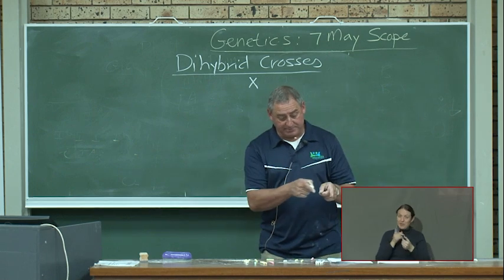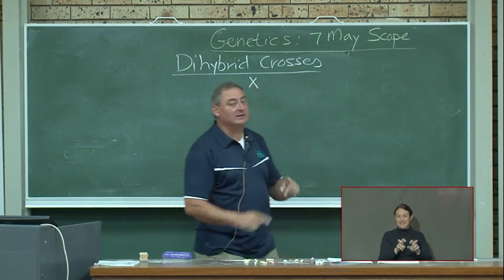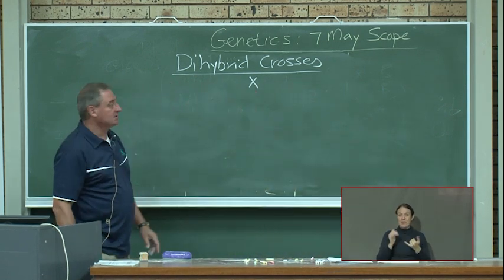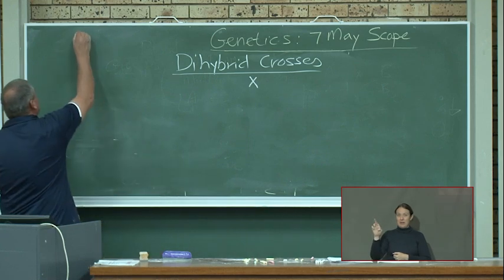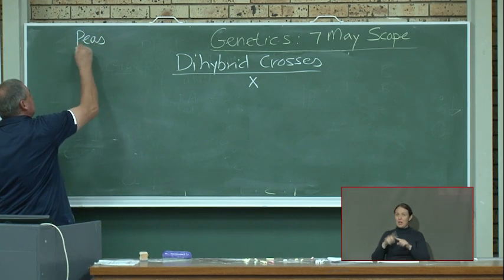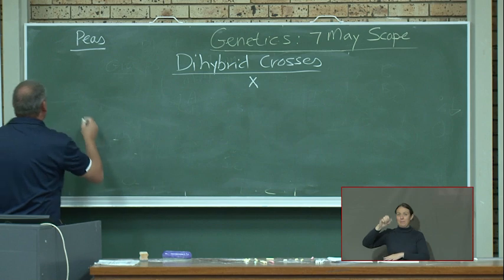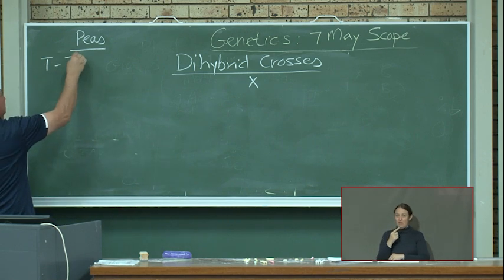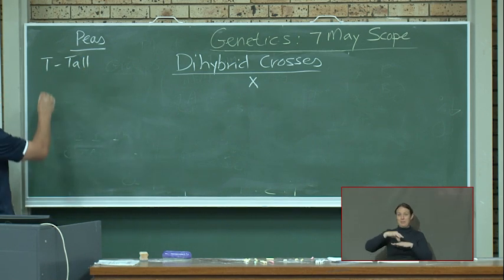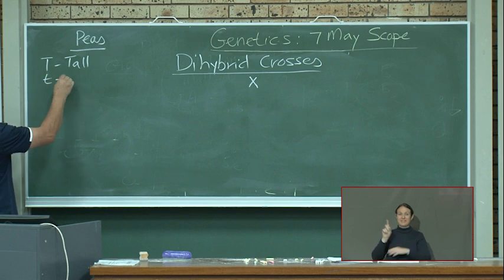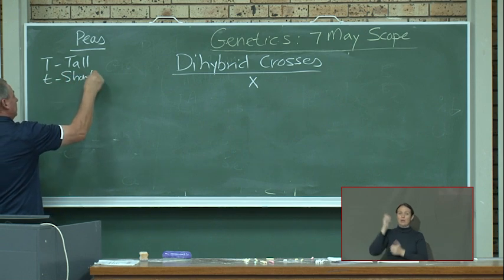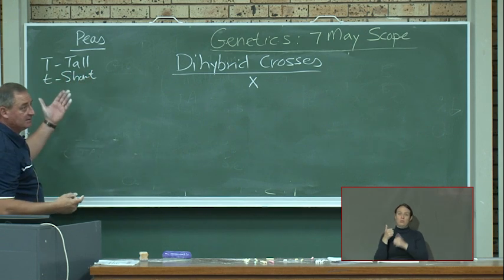Now, before we come back to this example, let's quickly look at what Mendel looked at. Mendel said, let's look at pea plants, because he experimented with peas. Mendel said that in pea plants, the tall allele is dominant over short. Up to today, we still use these letters like that.